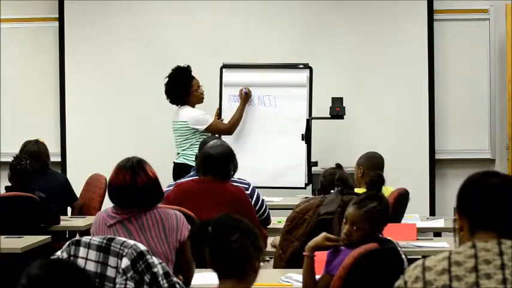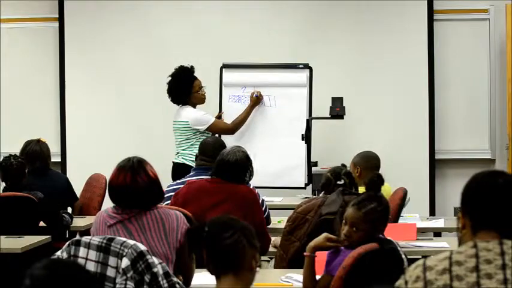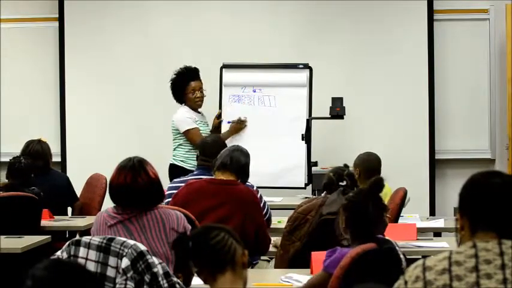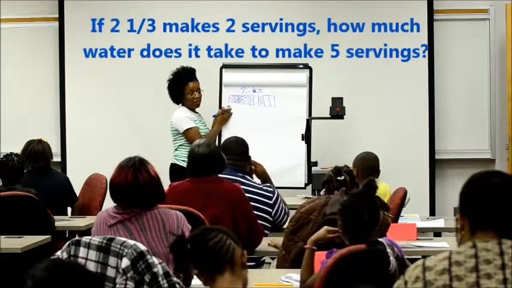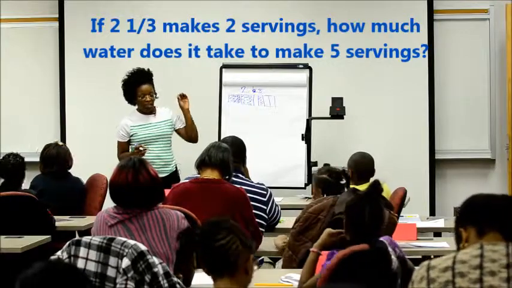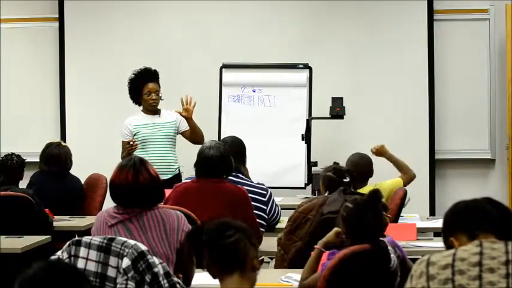So we have 2 wholes, 1/3. This will make 2 servings, okay? We want to know how much water it will take to make 5 servings of soup.